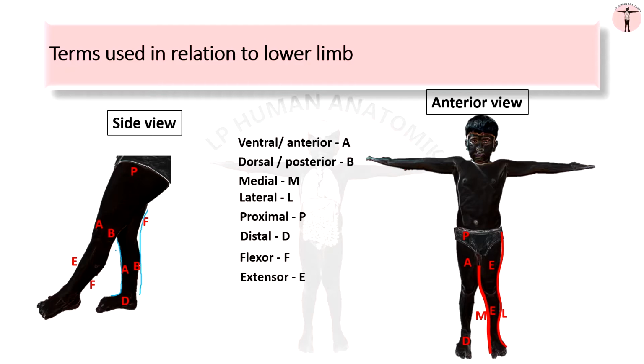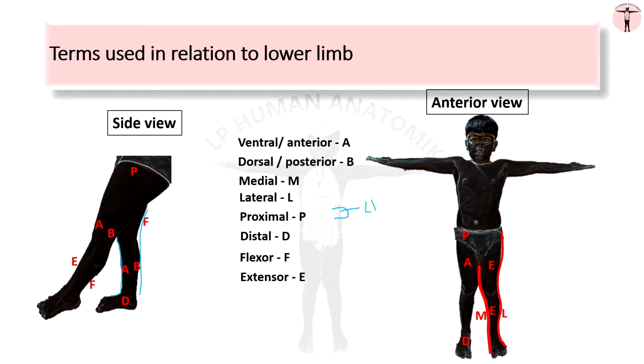The reason for this is the development occurring in the embryological period, where the limb is rotated 90 degrees to one side. It starts as a very small, tiny, minute structure, which we call the limb bud.